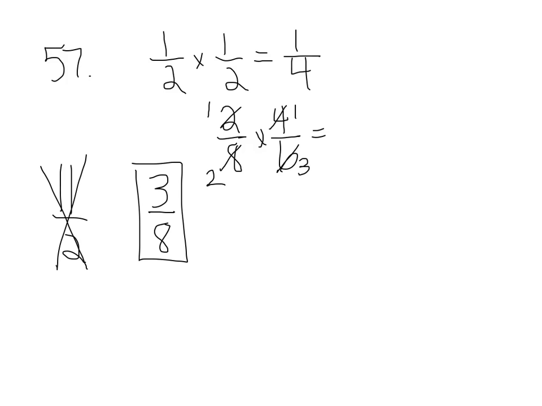Now you can multiply across the top. 1 times 1 is 1. Multiply across the bottom. 2 times 3 is 6. Again, ask yourself, is this fraction less than or greater than 1? Less than. If you did this a couple more times, you'd find that it's always going to be less than 1.